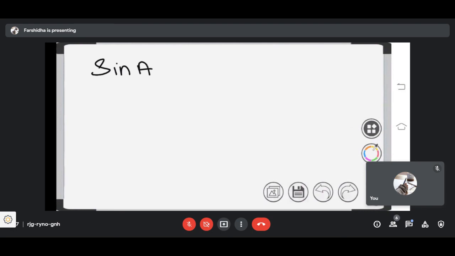You can write sin A as 1 by cosec A, since sin and cosec are reciprocals.